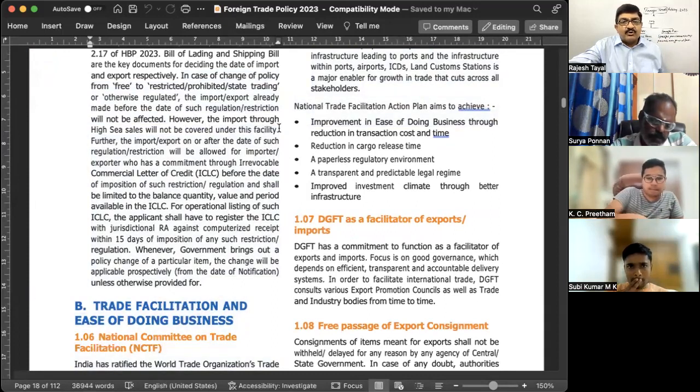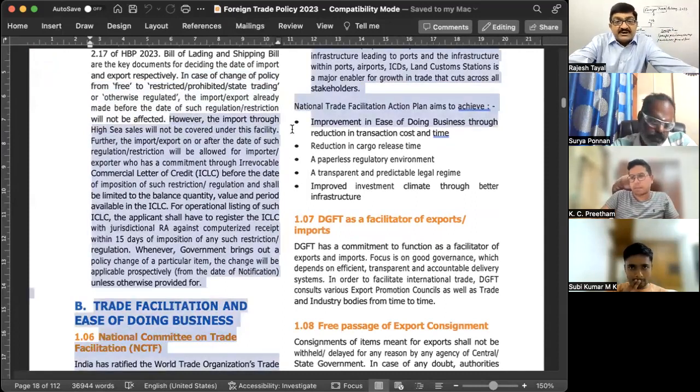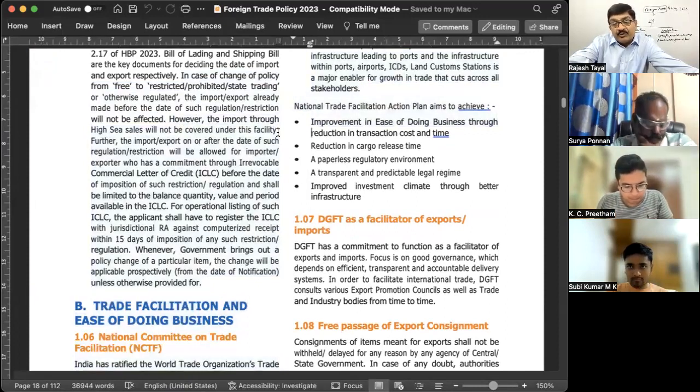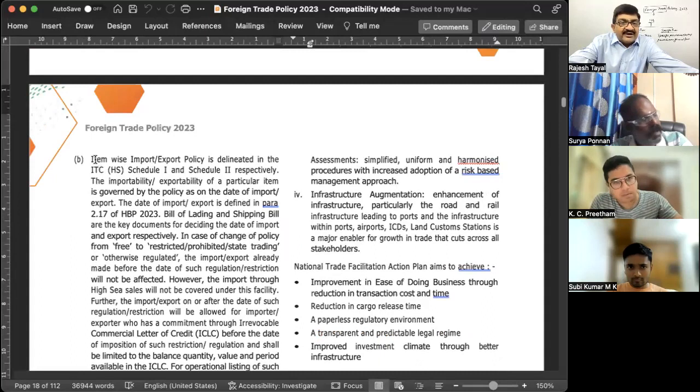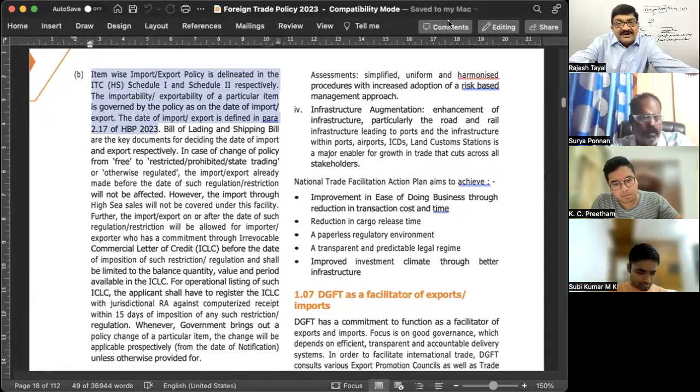So something which is still yet to come to India, that will not be governed by this. जो चीज बाद में लैंड करेगी, that will be governed by the importability or exportability as on the date of import. So this point you need to read in detail, and if any explanation is required, I will answer that in detail, but that will be in the next lecture.